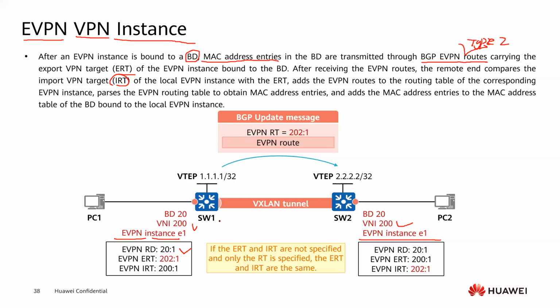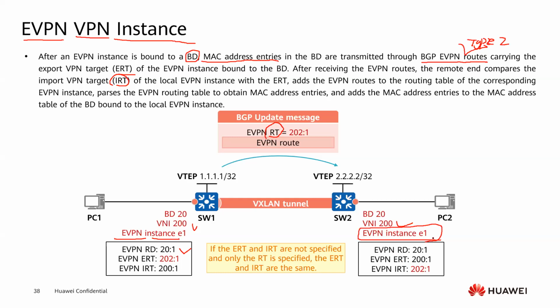And after we send the EVPN type 2 routes to the remote peer, we will carry the export RT value. After the remote switch receives these routes, it will try to parse them. It will try to find the RT value, and check whether it equals some RT value inside a local EVPN instance.